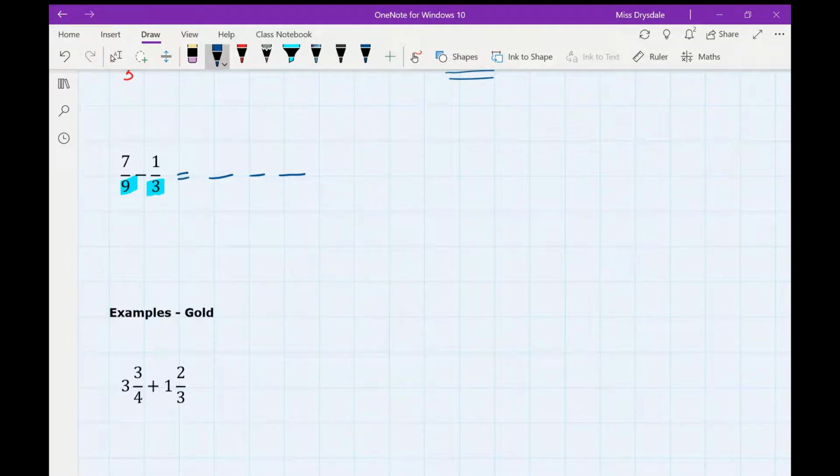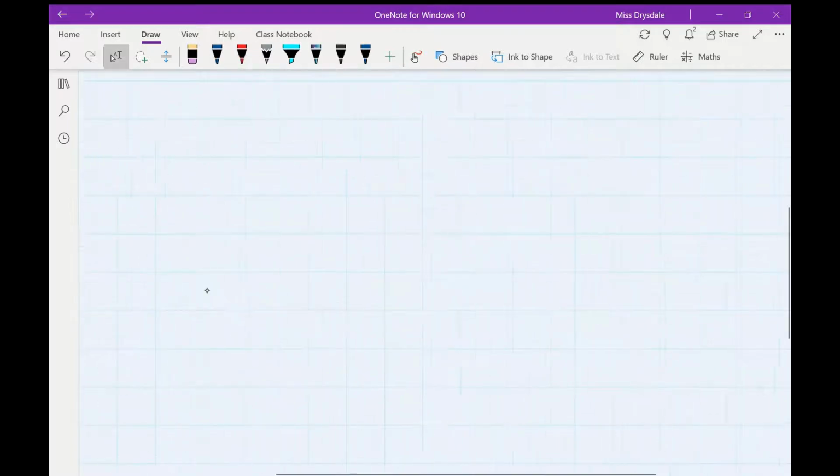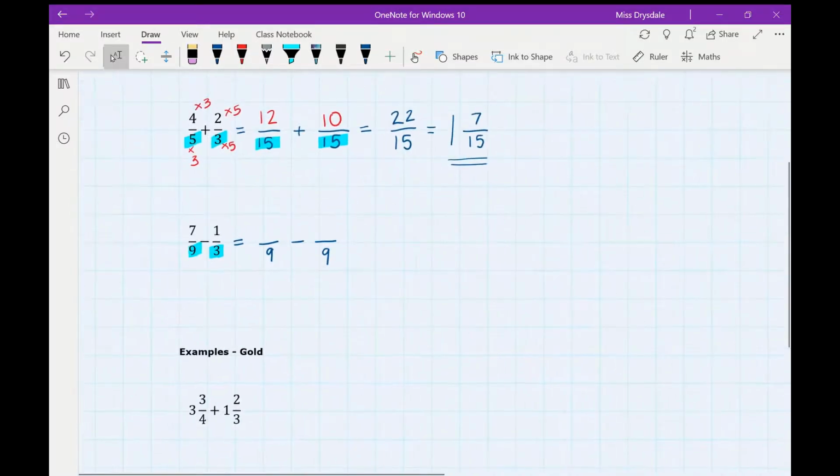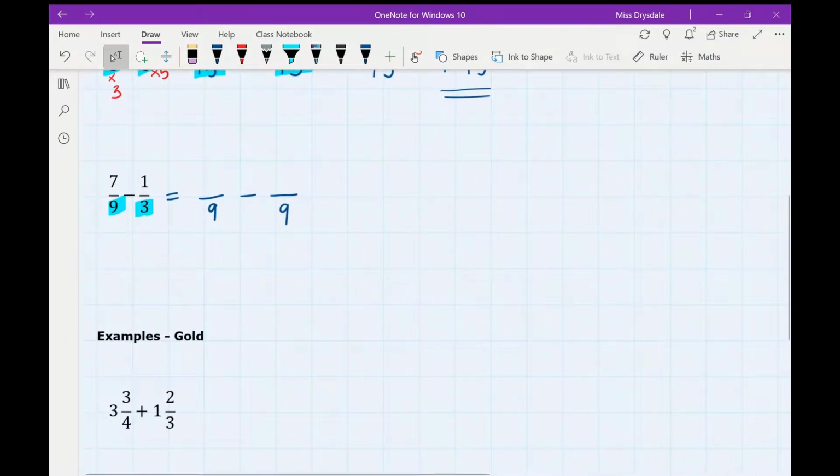And it's actually 9. Okay, so our first fraction, because we've got 9 as a denominator, we don't change that at all, and we're just going to have 7 over 9. And our second fraction, how do we change a 3 to become a 9? Well, we times it by 3.